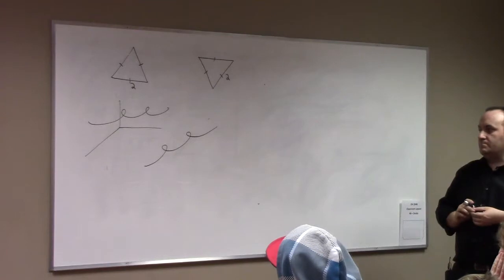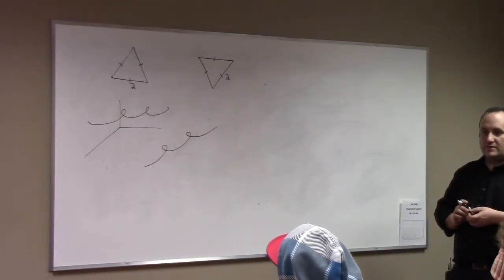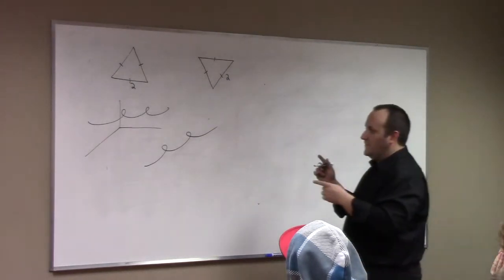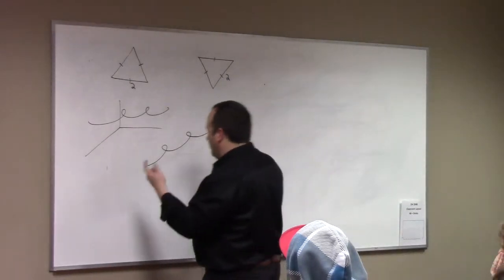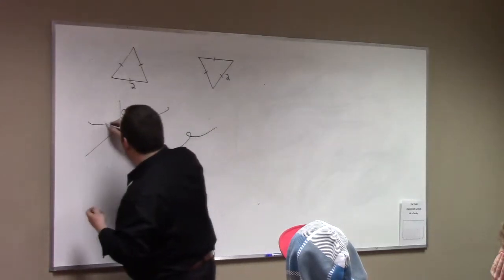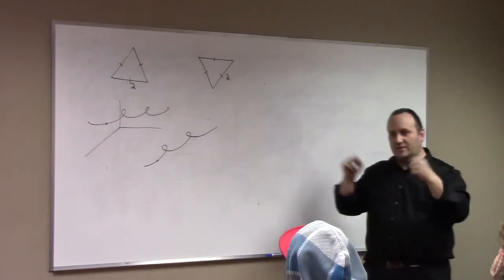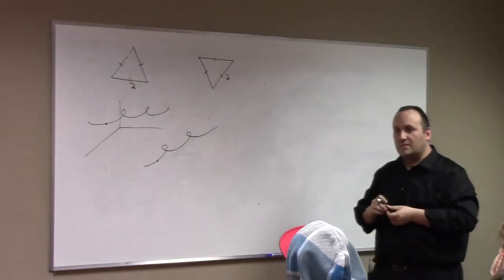Turns out that we can answer that question for a pretty decent set of curves by saying, you know what, they're the same shape if you can pick a point on each one of them and the arclength function behaves the same.